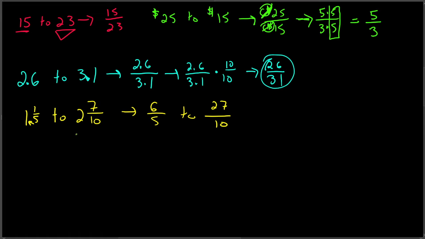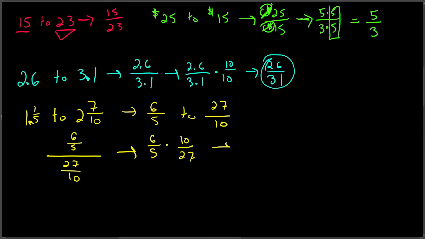And now I can write this as an improper fraction, noting that a fraction is the same as division, and so this becomes multiplication by the reciprocal. Right? A division is multiplication by the reciprocal.